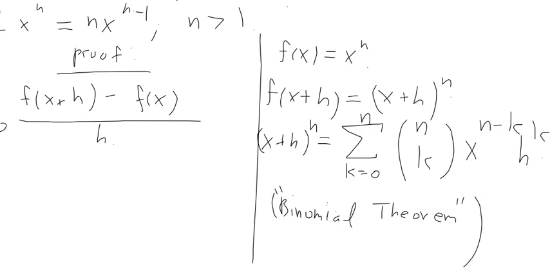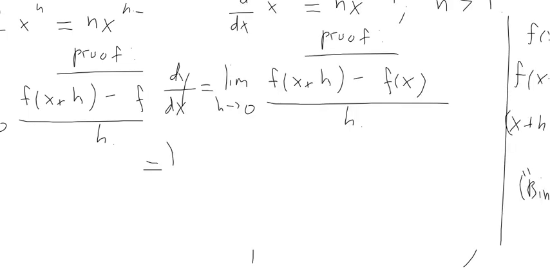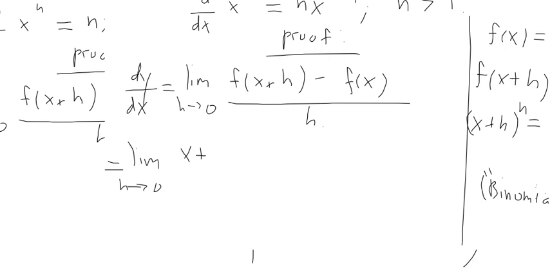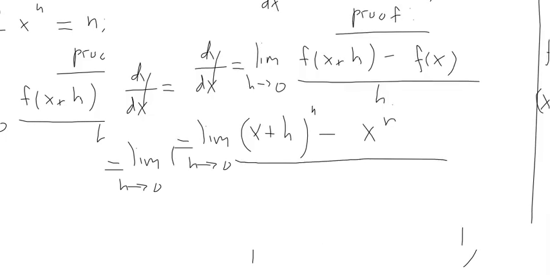So let's substitute this information into our first principles derivative formula. This becomes the limit as h goes to 0 of x plus h all to the n, minus x to the n, all divided by h.